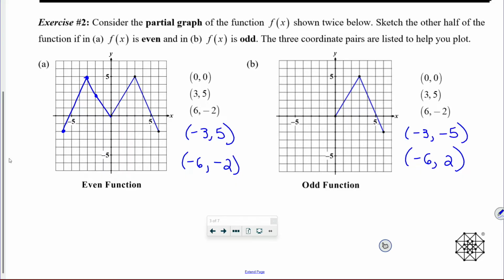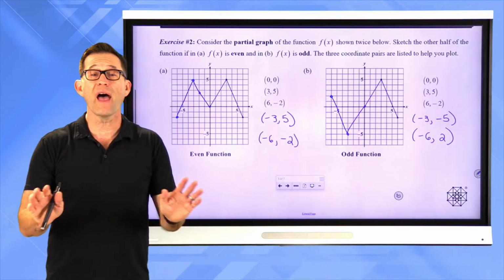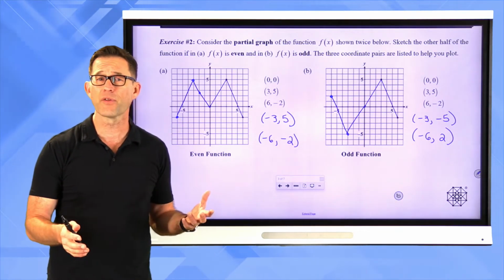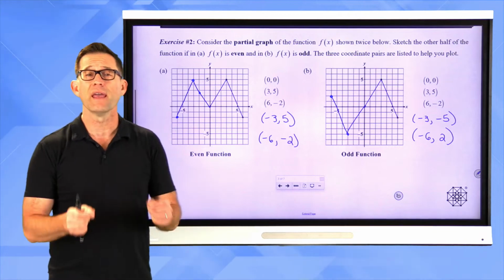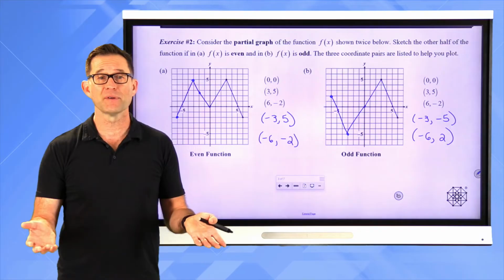I can plot those, negative 3, negative 5, and negative 6, positive 2, and I get more of a zigzag-looking graph. And that's really the essence of even and odd functions. They don't have so much to do with the formula for the function, if one even exists. It just has to do with how the function responds to opposite inputs.